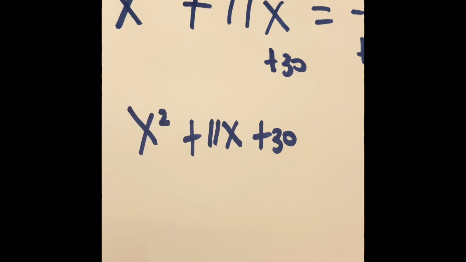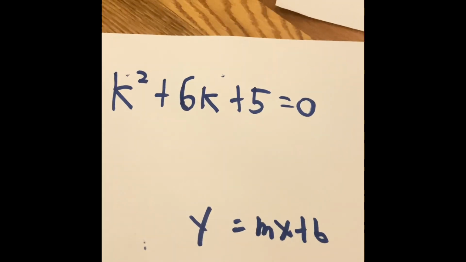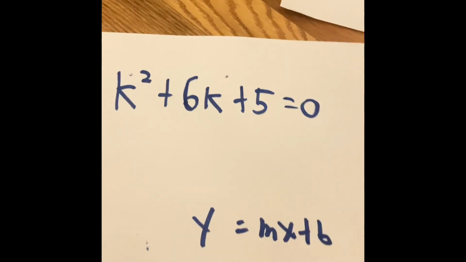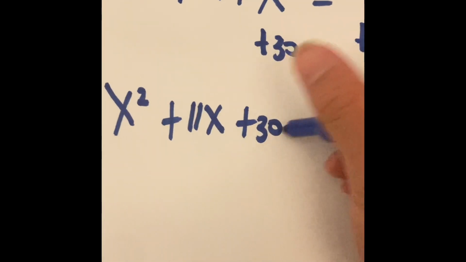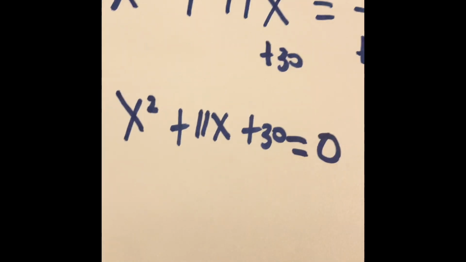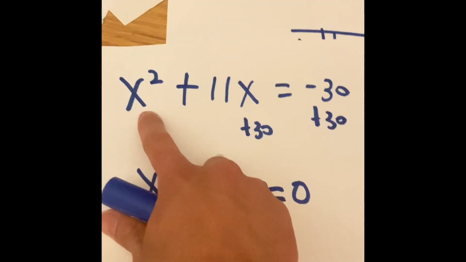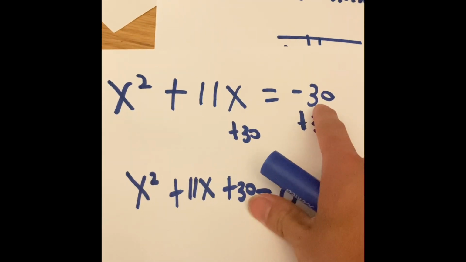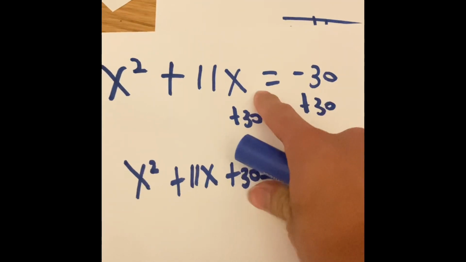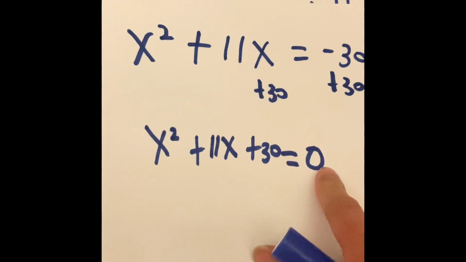But we wanted it to equal 0, because we want to find what two numbers x could be if this equation equals 0. So we're going to put this as equal to 0. When you have an equation that doesn't equal 0, you might want to move that number to the other side so you make your quadratic trinomial, then set it to 0.